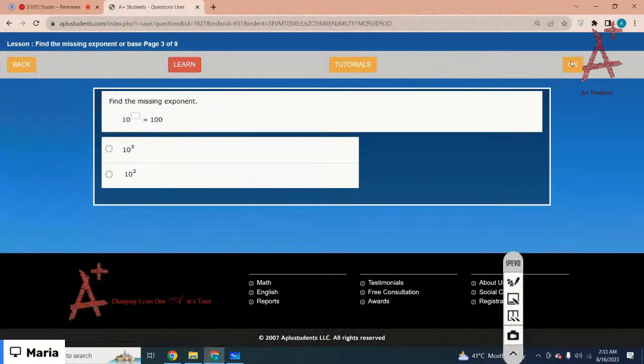You have 2 with the 100. You have just 2 zeros. That means the exponent would be 2, because you have just 2 zeros with the 100.